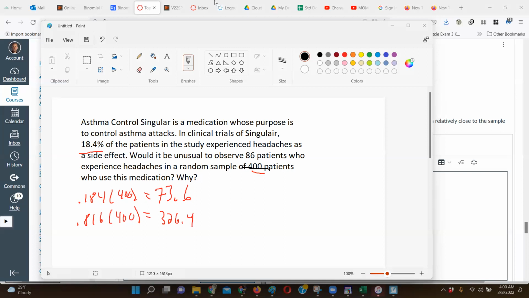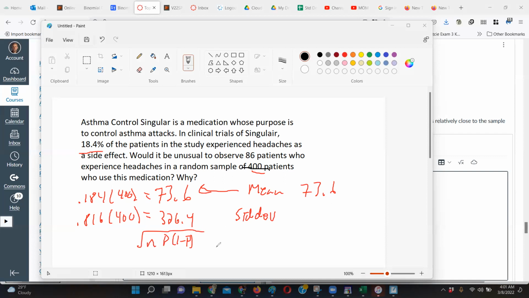So because it's a binomial distribution, I can find the mean by doing n times p, and that's what I did right there. So the mean is 73.6. To get the standard deviation, we do n times p times q, or 1 minus p, and then we take the square root. So we've already done n times p.